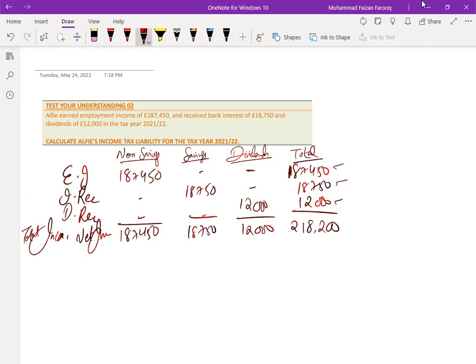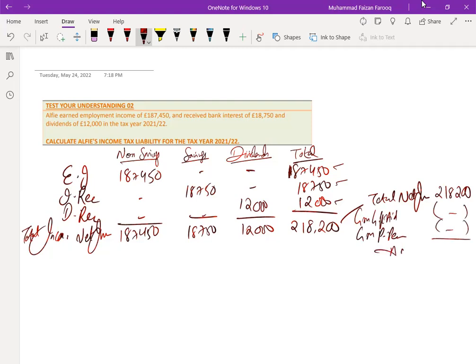218,200. Now, total net income is above 100,000, so we have to calculate ANI. Do we have any gift aid, gross personal pension? We don't have it, so 0, 0. ANI is 218,200, and we know that if ANI is greater than or equal to how much?